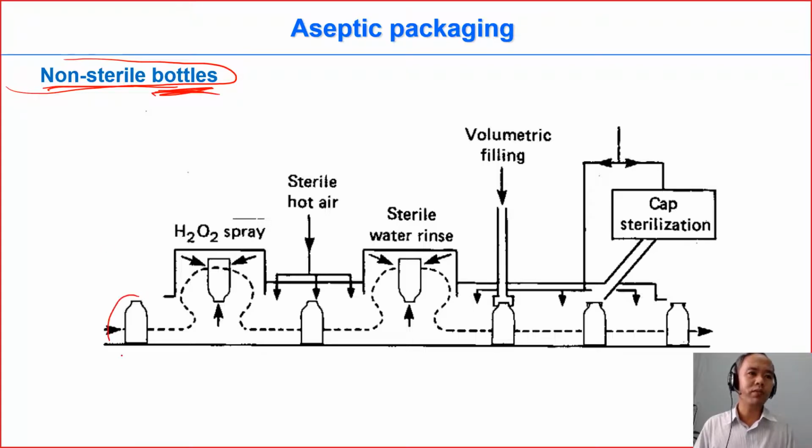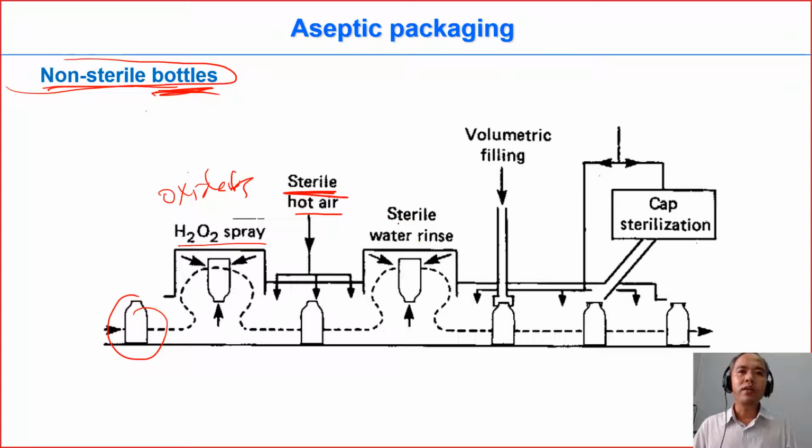So here we have the bottle and we use hydrogen peroxide, H2O2, a very strong oxidant, just to sterilize the bottles. And then we use hot air which has been filtered already, to make it sterile as well, to dry the bottle.